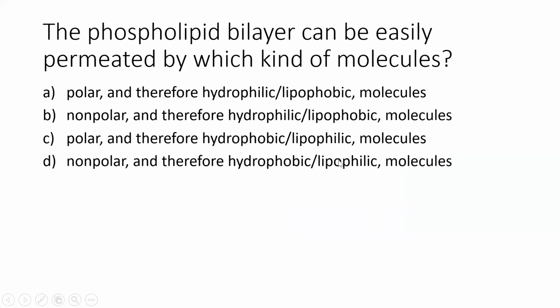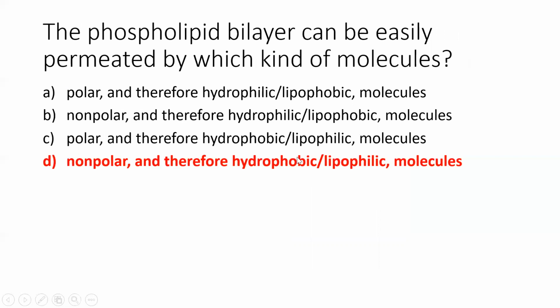So in order for something to go through the lipid bilayer, the phospholipid membrane, it has to be non-polar. In other words, it has to be hydrophobic, meaning it's afraid of water, or lipophilic, meaning it has an affiliation to fats. I hope I made that clear. I'm going to pause and see if there are any questions. So the correct answer should have been D. To go through that membrane, it has to be non-polar, hydrophobic, or lipophilic.